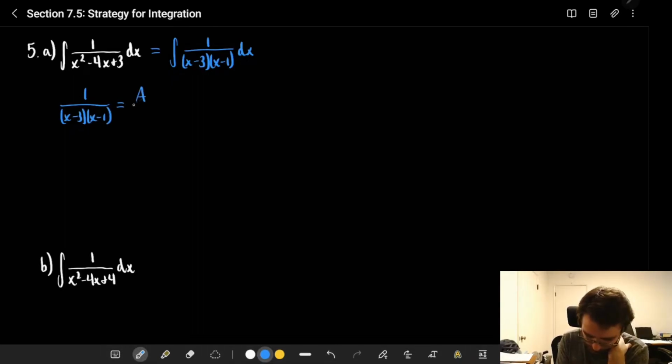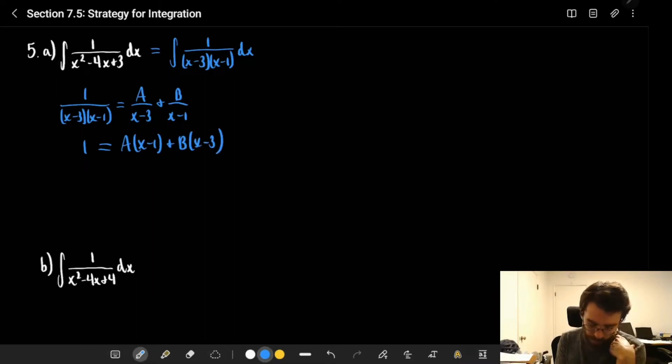This should break up as a over x minus 3 plus b over x minus 1, which is the same as saying 1 equals a times x minus 1 plus b times x minus 3. And picking smart values, say x equals 3 and then x equals 1.